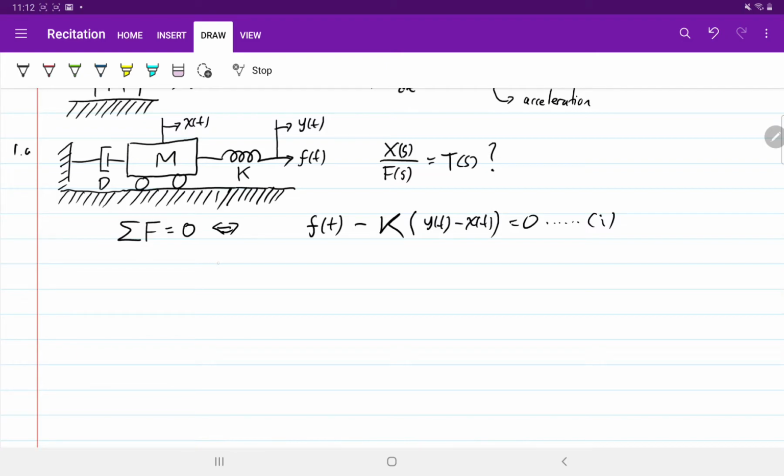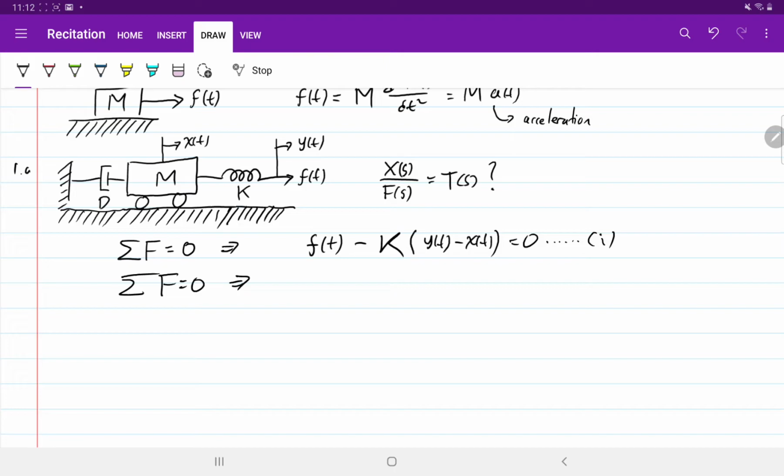The second equation, again the sum of force at equilibrium is 0. This time we have the system with the mass and the damper.